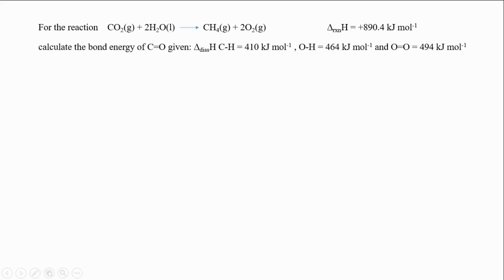Now we have to remember a few things in order to complete this question. We have to remember that all chemical reactions are both exothermic and endothermic at the same time.